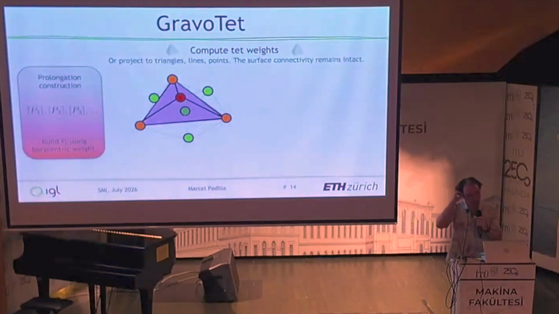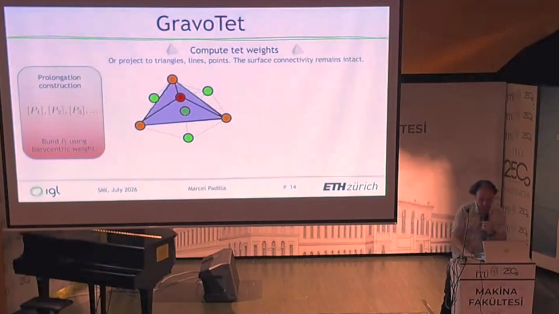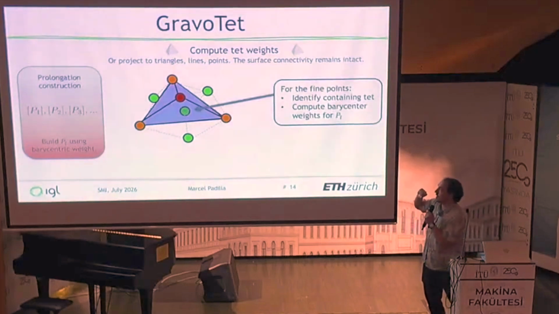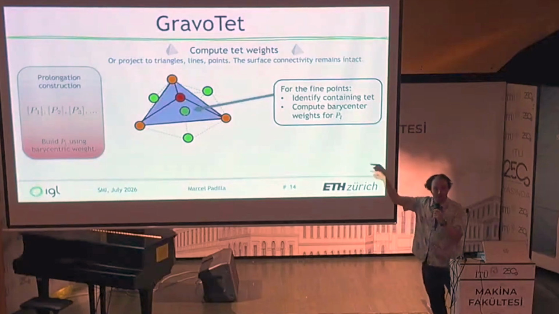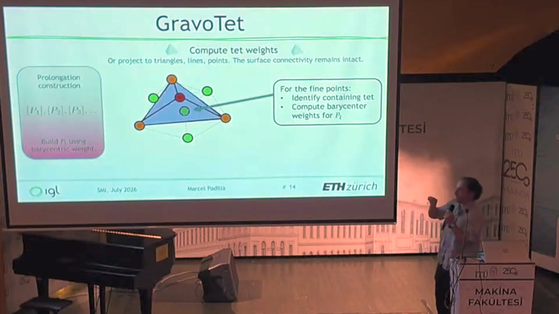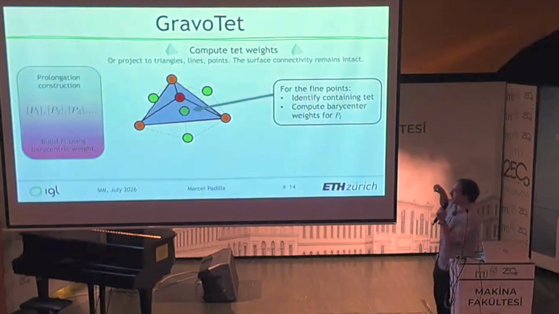And then we want to compute the prolongation matrix weights. So what we do then is we look at the coarse vertex connectivity. We look at every fine vertex, for example, this green one, and then we ask, in which tetrahedra are you inside of? And that's a quick test of looking at the neighboring vertices, finding the coarse vertices and checking, are you inside of it?